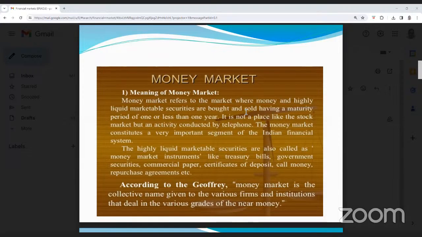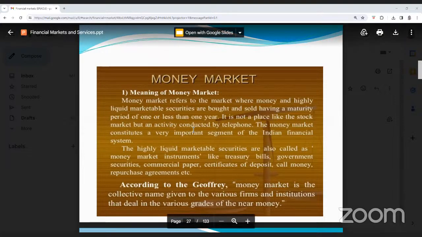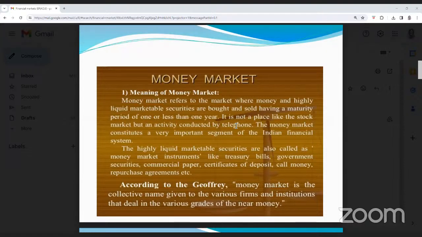Highly liquid marketable securities that will be sold in the market, in the form of mutual funds we can say, having a maturity period of 1 year or less than 1 year, like short term. It is not a place like the stock market, but an activity conducted by telephone.